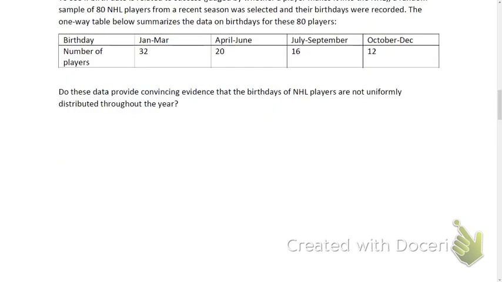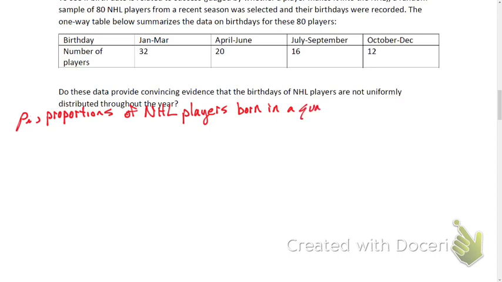So let's dive in. We are looking at proportions of NHL players born in a quarter of the year.